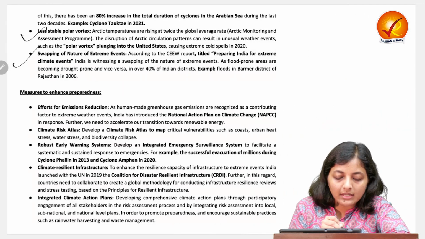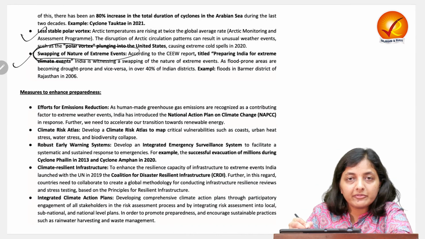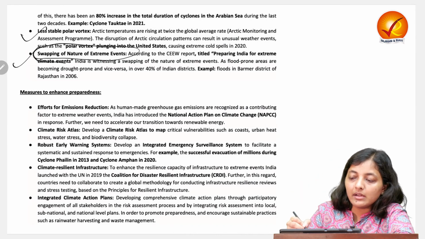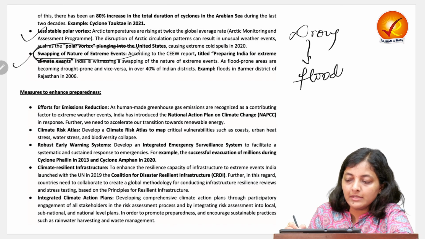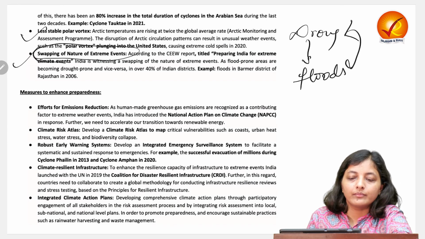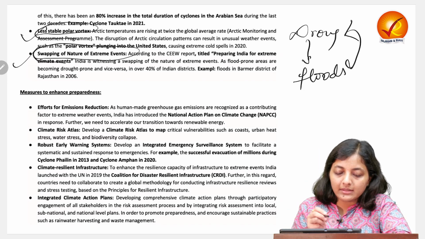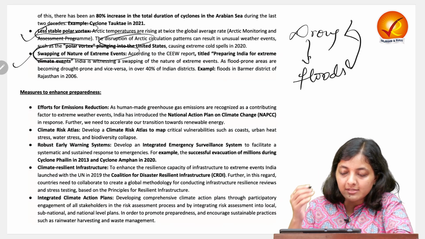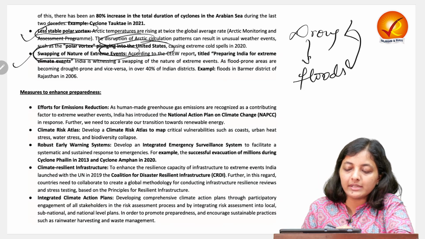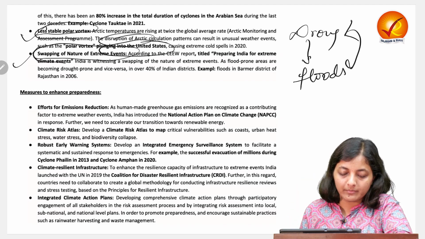Next comes the swapping of the nature of extreme events. At the place where earlier droughts were happening, now floods are happening. So this is the swapping. Next comes the less stable polar vortex, where the Arctic polar vortex is disrupted and comes near the United States, causing extreme or torrential rainfall there.